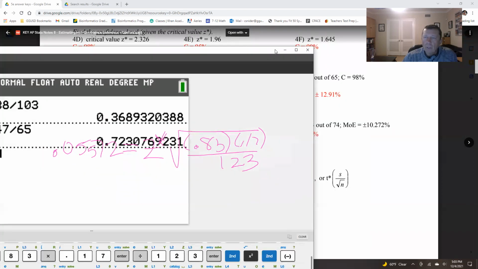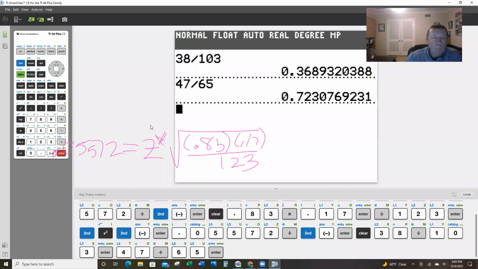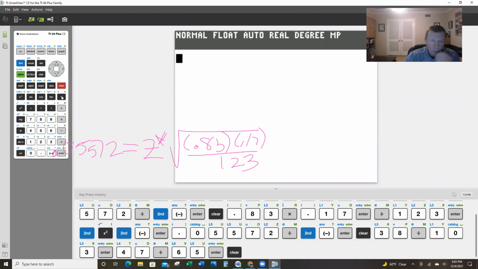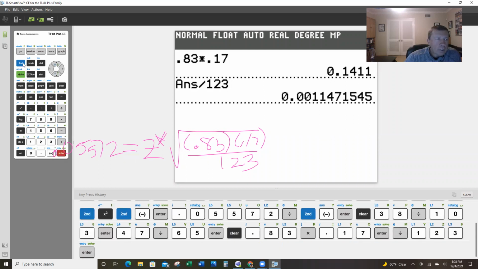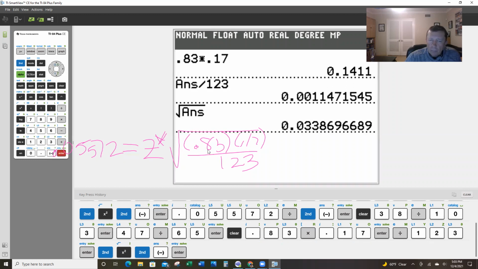I'm going to go 0.83 times 0.17, enter, divided by 123, enter. And I'm square rooting the whole thing, so I did this part right here, 0.83, 0.17 over 123.